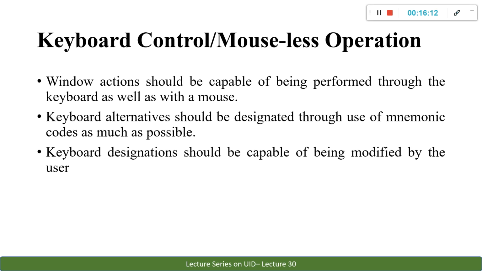Okay, one more kind of operation that you can provide for your windows is keyboard control. Like you might have seen, we make use of Control C, Control X. I mean, that's the common thing.